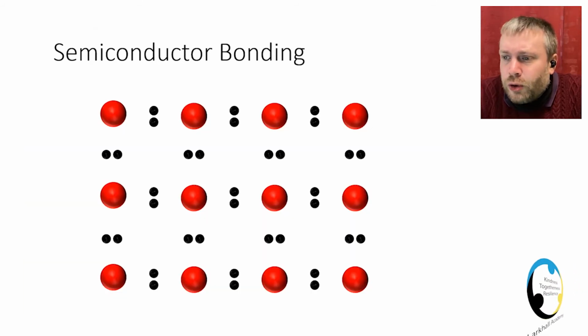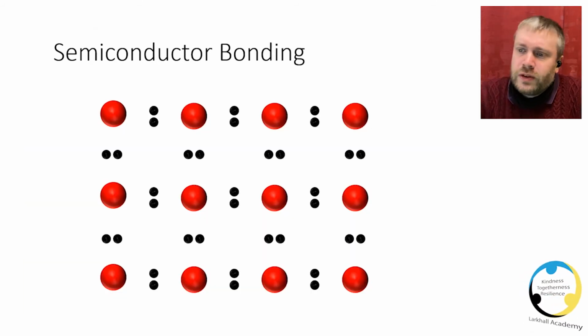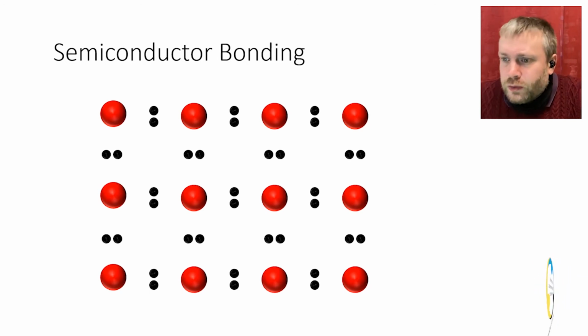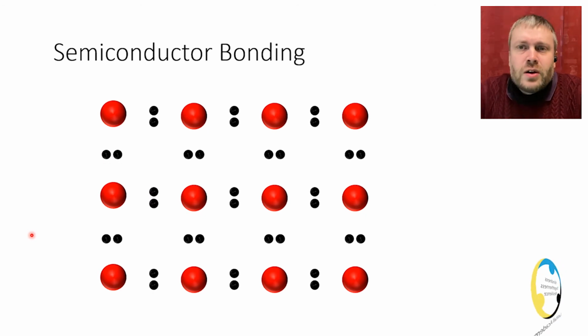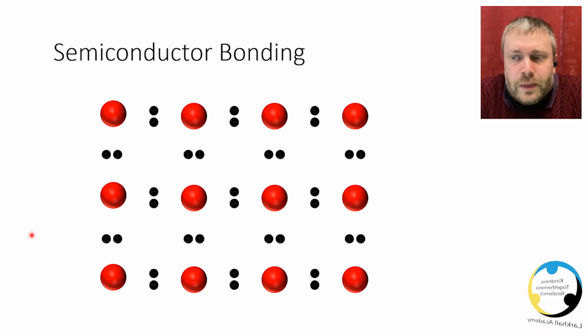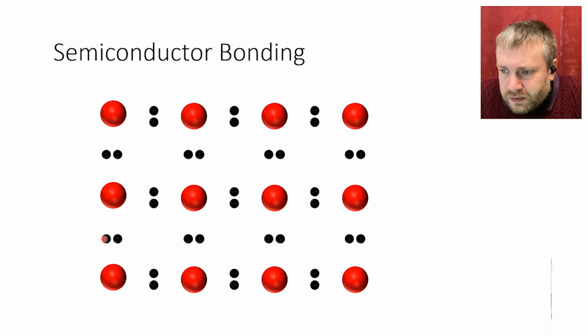So semiconductor bonding, this is kind of what semiconductor bonding looks like, okay? We've got our positively charged nucleus, represented by these red spheres here, and we've got our little negatively charged electrons. Now, the outer shell is going to want 4 electrons, so this is for our bonding here.